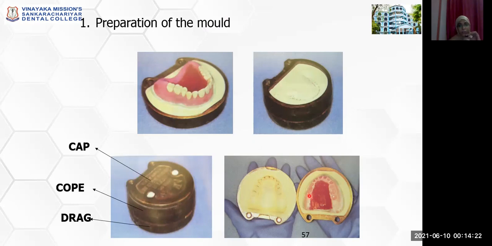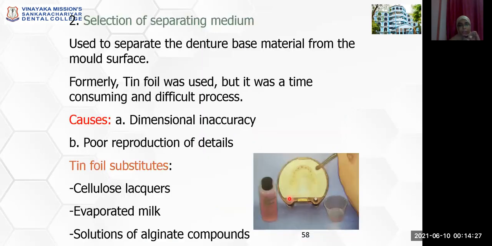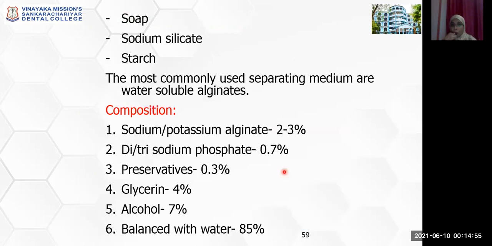Once dewaxing is done, you open the flask again, remove all the wax, and then apply the separating medium. Various materials have been used as separating medium. Initially tin foil was used, but it was quite difficult, time consuming and technique sensitive, so now we have various tin foil substitutes, like cellulose lacquers, alginate solutions, soap, sodium silicate, starch, and so on.